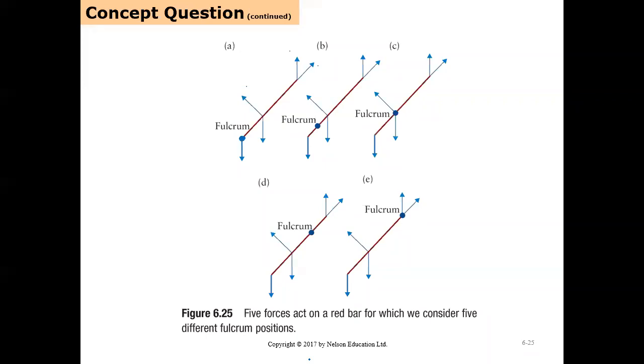Shall we go one by one? So this is A. Let me start with A. Now, if you want rotational equilibrium, we need to have counterclockwise torque as well as clockwise torque. And we can adjust the size of the counterclockwise and clockwise to make it equilibrium.